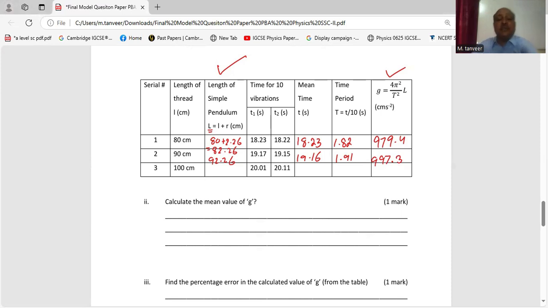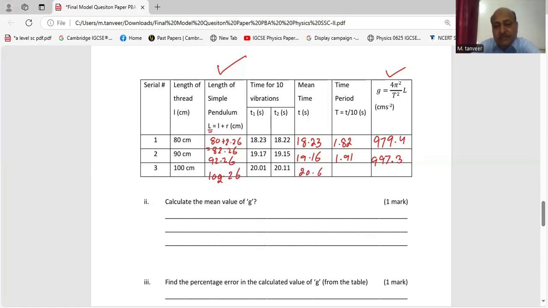Similarly, you will calculate its third value. Now the length is 100 centimeter. So when you add the radius, this will become 102.26. Now you will calculate its average. 20 plus 20, 40, 40.12, that means 20.6.